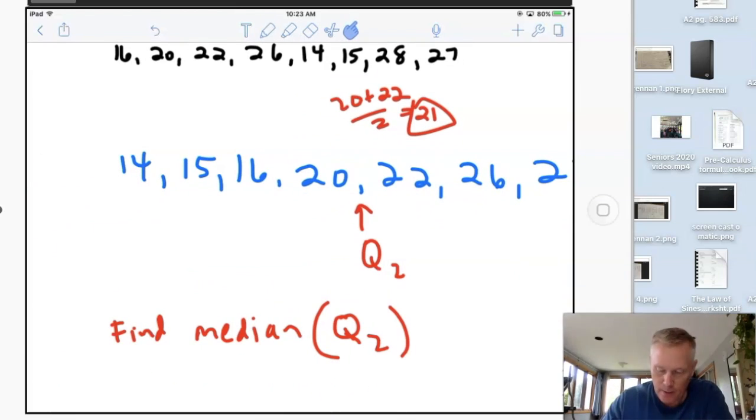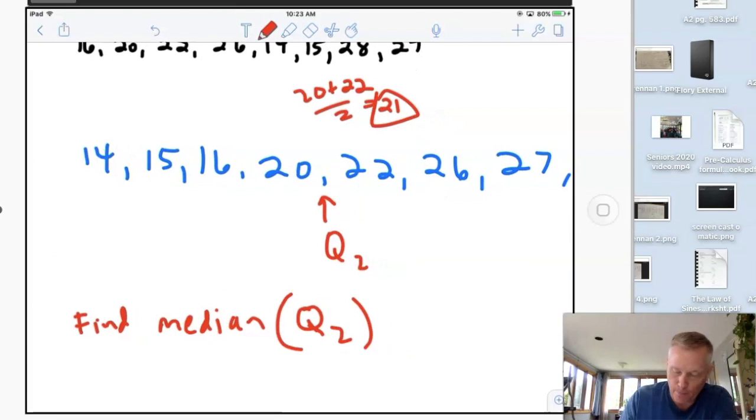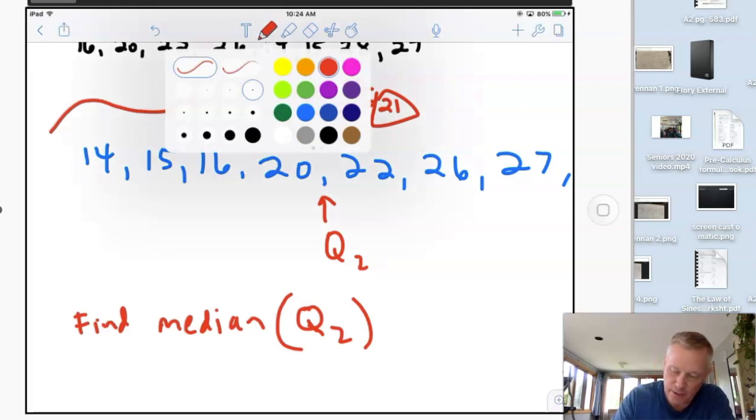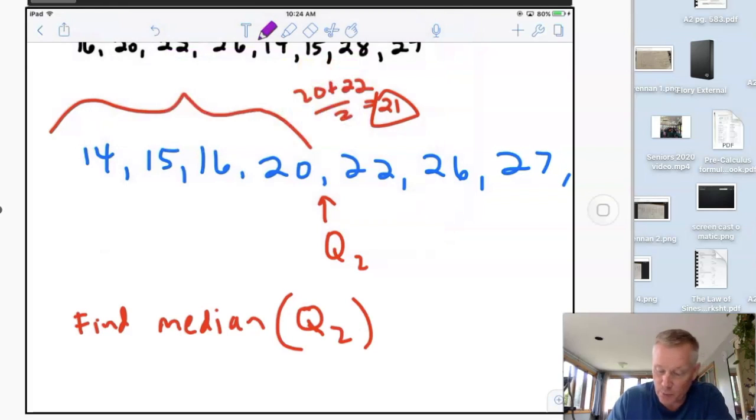So that's my Q2. And to find the first one, you take the median of these 4 numbers. Now I know where the top half of the data is, the bottom half of the data, and I'm going to find the medians of both of those.